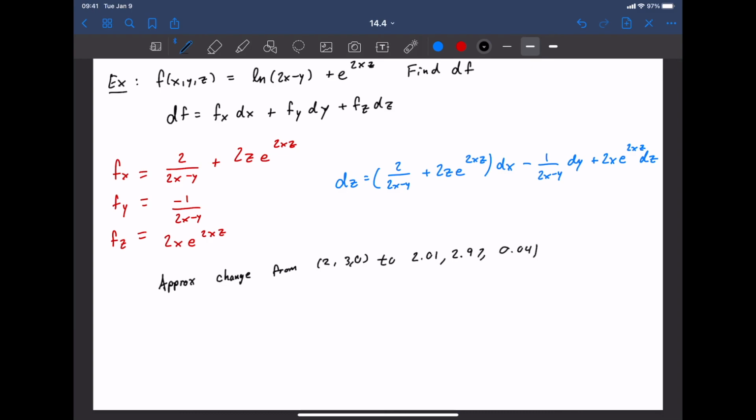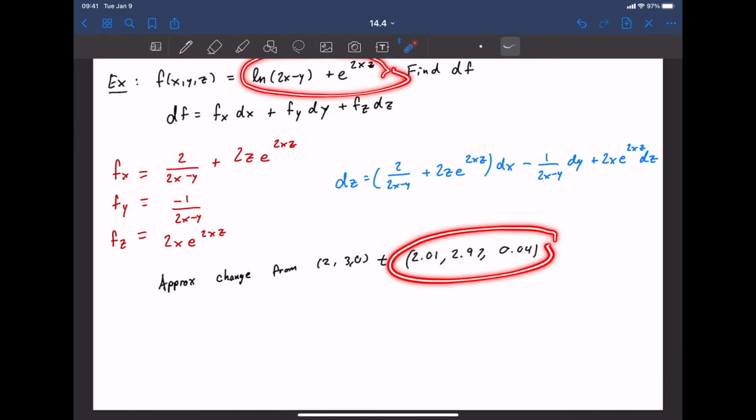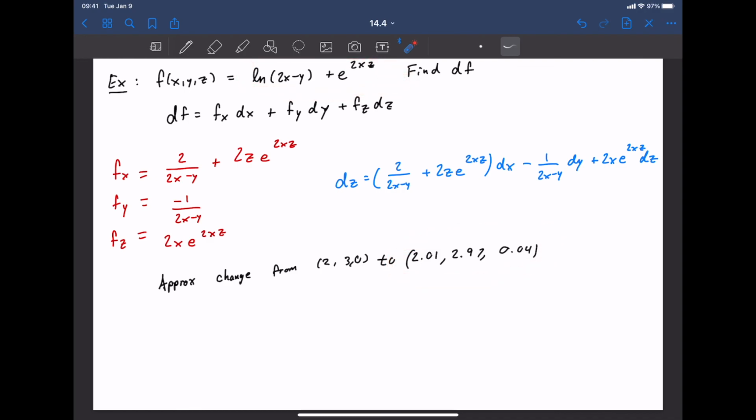Now again, in the modern day, would this be super useful? Not really, because I could just plug these three in for these three. Everywhere I see X, replace it with 2.01. Everywhere I see Y, 2.97, etc. And just get a decimal using modern computation. But this comes from a place where that wasn't that doable. So we're just trying to show what's going on here.